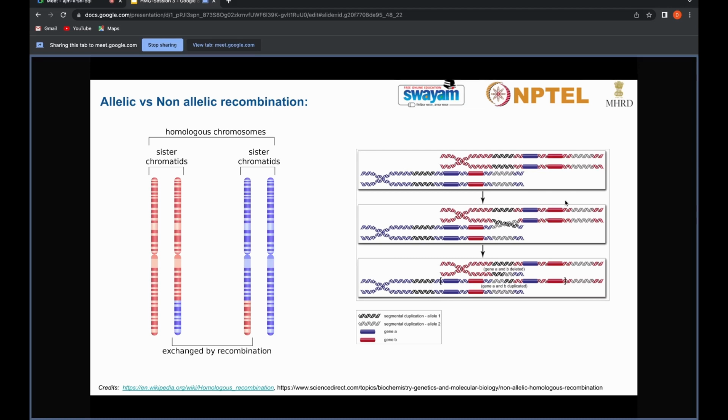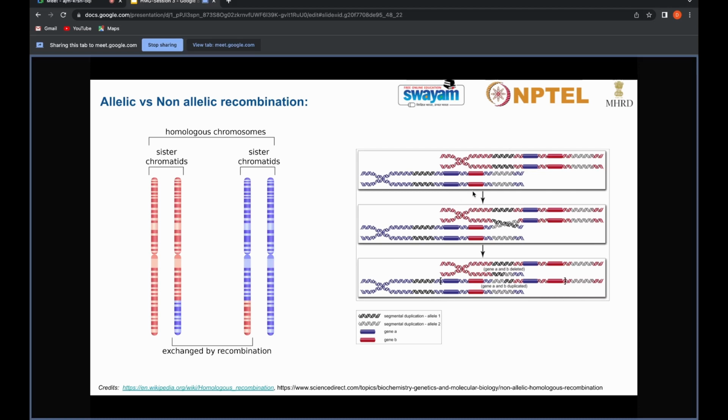It is a recombination when the two homologous chromosomes are not aligned in the proper manner, they are misaligned, and then they try to recombine or show crossing over and recombination. What happens in non-allelic recombination? There are events which lead to duplications of the genes or alleles, and in some cases they lead to the deletion of that particular gene.